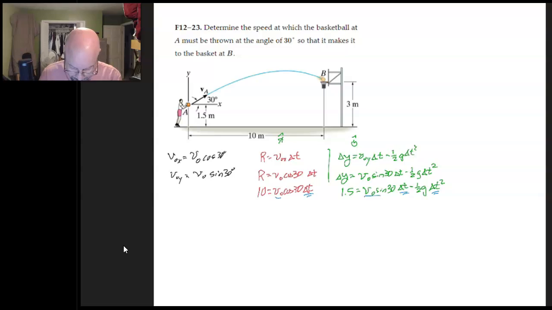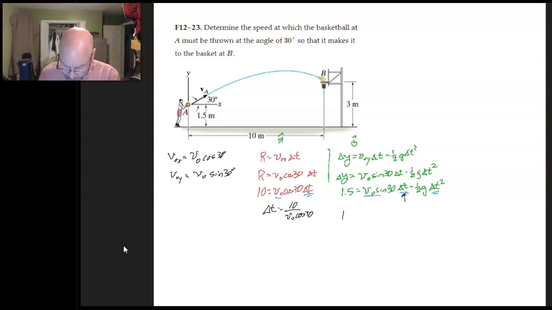We're going to rewrite, and I'm going to substitute in delta t. So delta t is going to turn into 10 over v naught cosine 30, and I'm going to put that in right here.